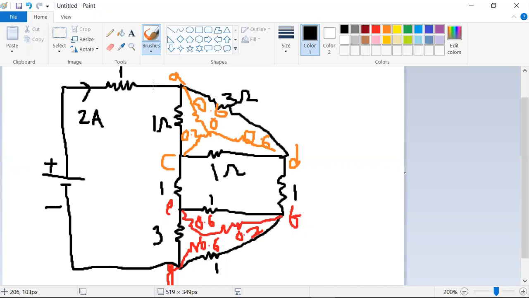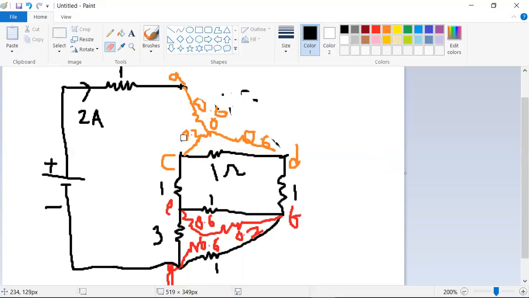Right. Same. Now let me erase this delta connection. Because you converted delta to star, the delta is not needed here. So that is the reason I am erasing the delta connection.